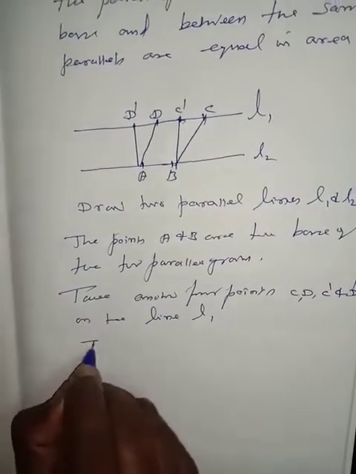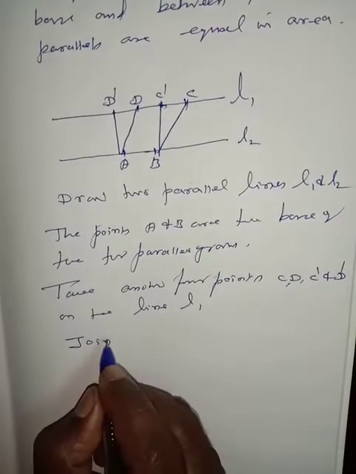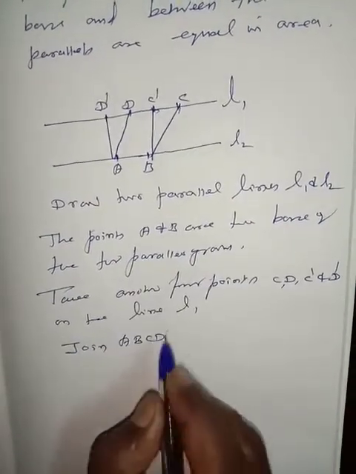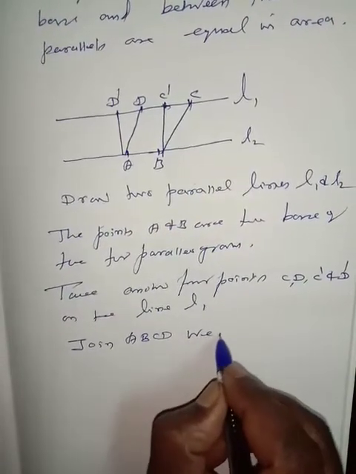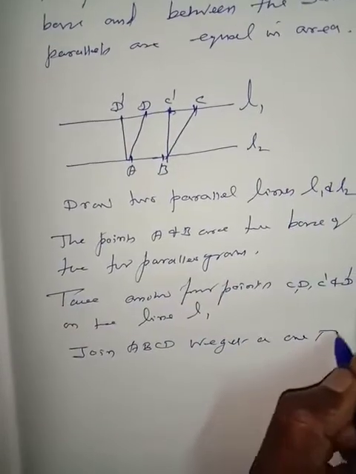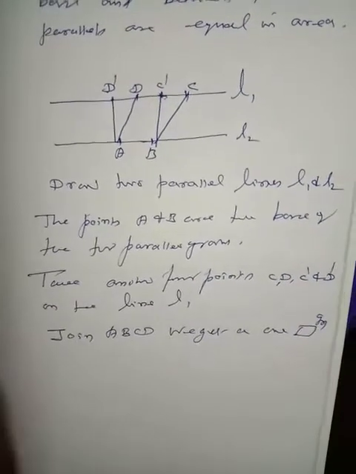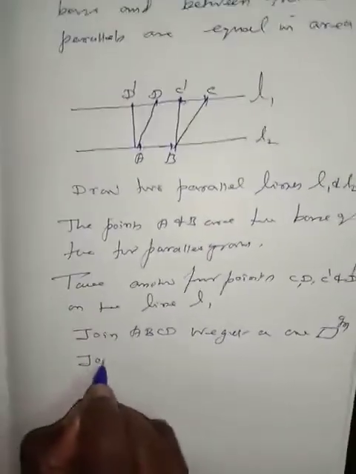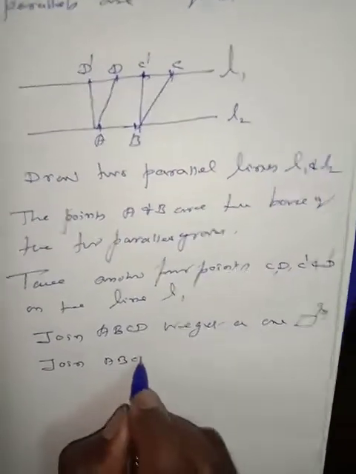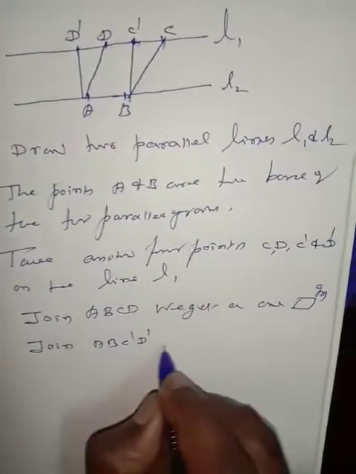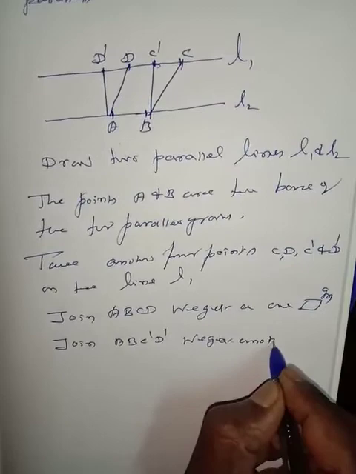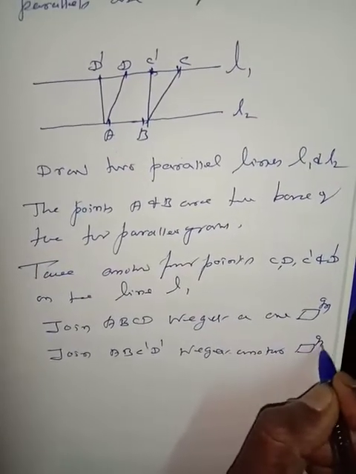Join ABCD. We get one parallelogram. Join A, B, C dash, D dash. We get another parallelogram.